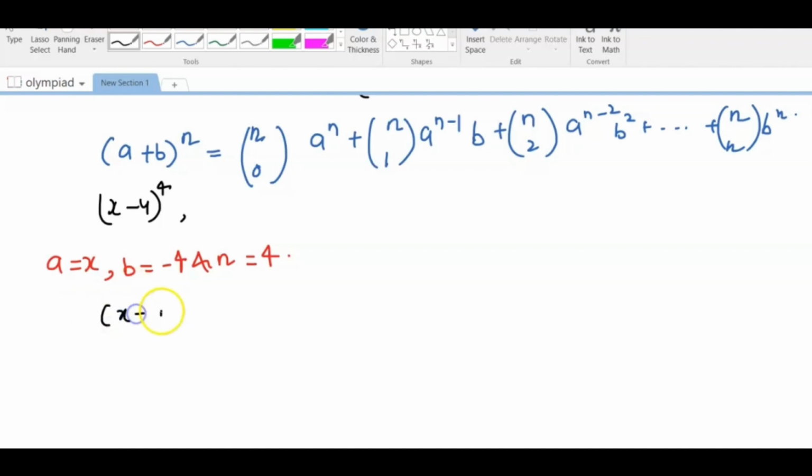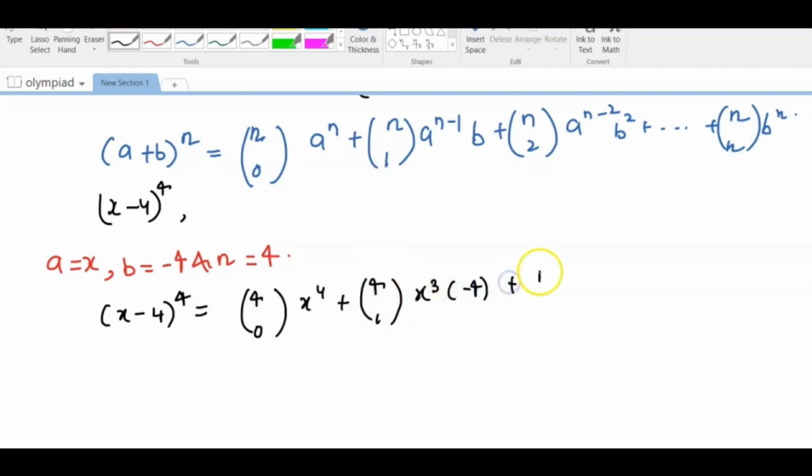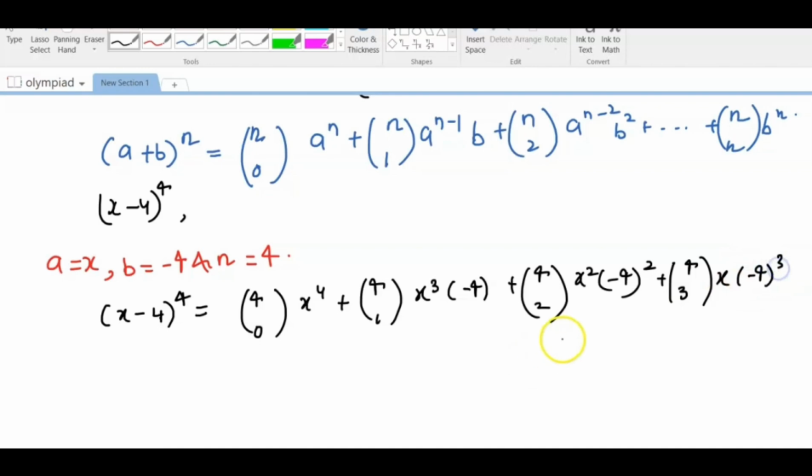So (x minus 4) to the power 4 will be 4 choose 0 x to the power 4, plus 4 choose 1 x cube, where the value of b is minus 4, plus 4 choose 2 x square times (minus 4) square, plus 4 choose 3 times x times (minus 4) cube, plus 4 choose 4 times (minus 4) to the power 4.